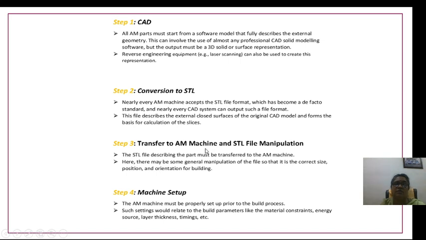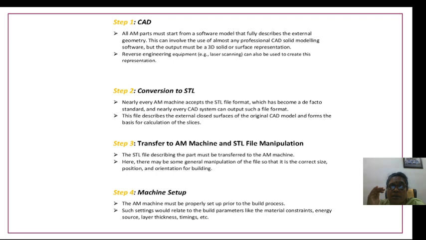Next, the third step is the transfer of the AM model into STL format. The STL file describing the part must be transferred to the AM machine. So once you convert the CAD model into STL format, then you just transfer the STL file to the AM machine.